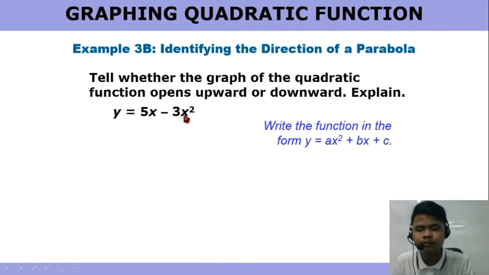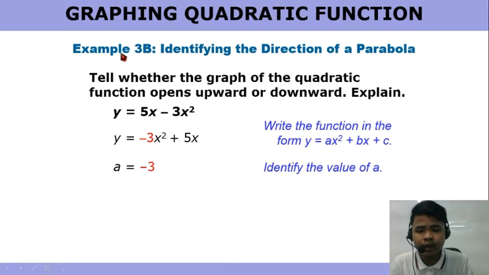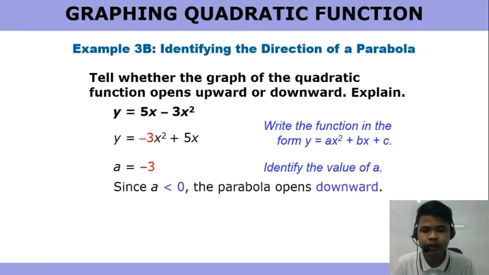Mag-change position lang sila, so magiging negative 3x squared plus 5x. Then, identify a. a is equal to negative 3. And as to what I have said a while ago, if a is negative, then the parabola opens downward. Kapag positive yung a, it opens upward, at kapag negative naman, it opens downward.